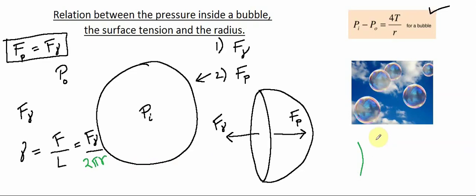Assume that this is the cross section of the film of the bubble. Be it very thin, it is non-zero. It is present. So there are two circumferences, number 1 and number 2. Because there are two circumferences, we multiply this by 2. So what we have is F gamma is equal to 4 pi r multiplied by gamma. Gamma is the surface tension. So F gamma is done.